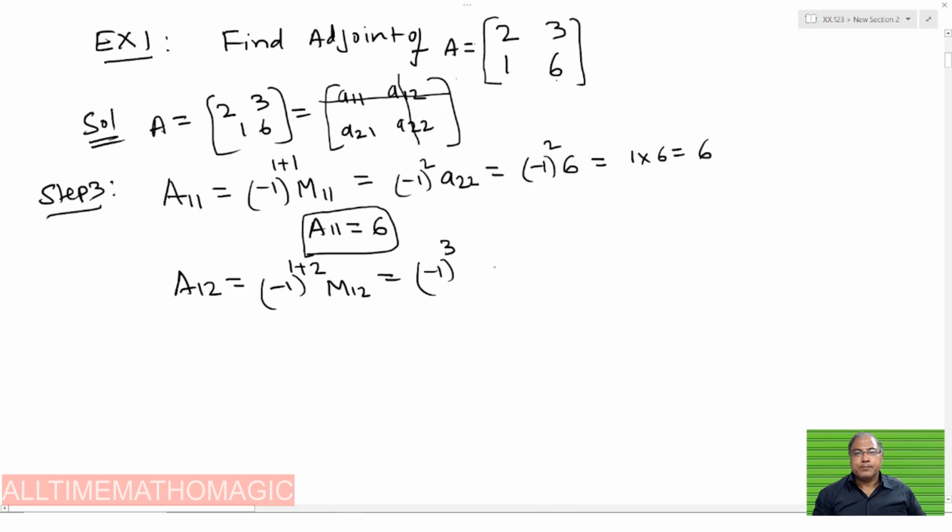What is left? A21. So minus 1 raised to 3 times the value of A21. A21 equals 1. So minus 1 multiplied by 1 equals minus 1. Therefore, A12 equals minus 1.